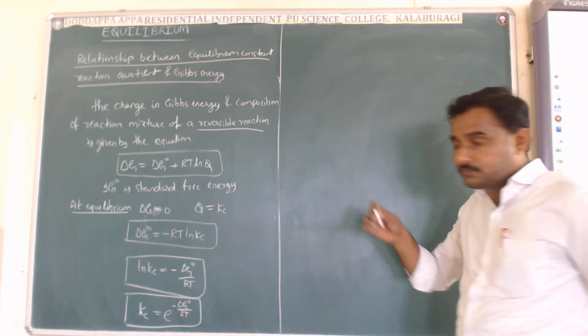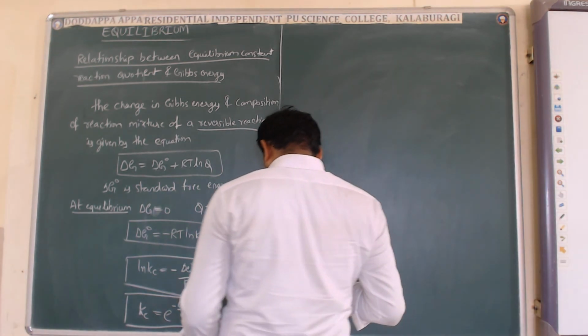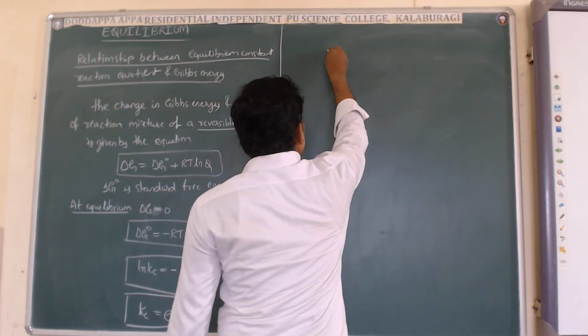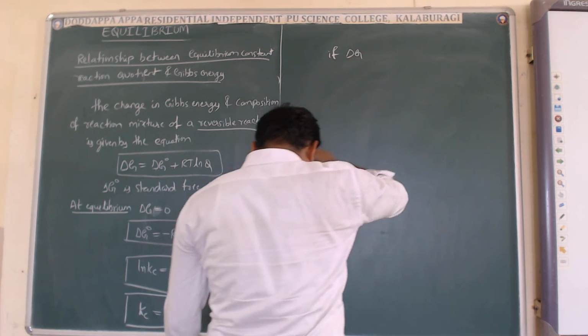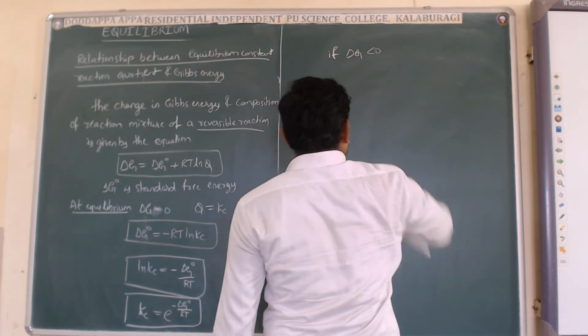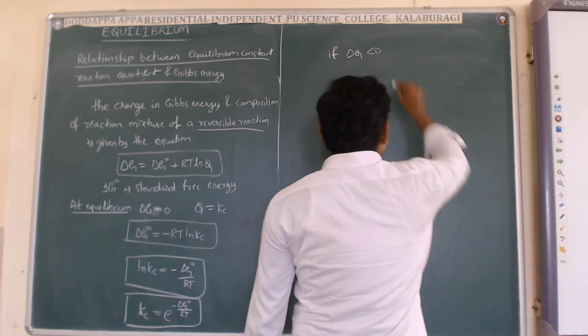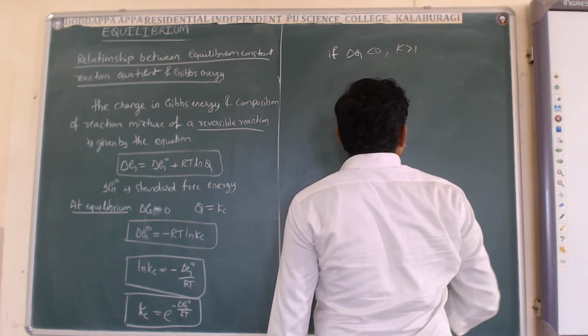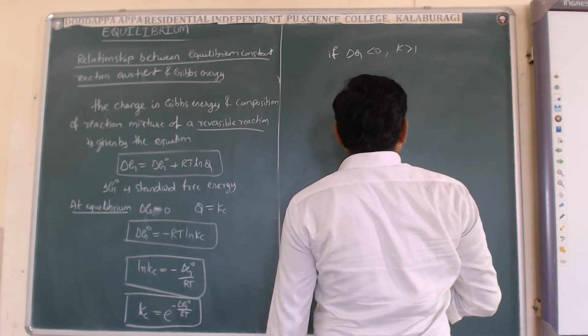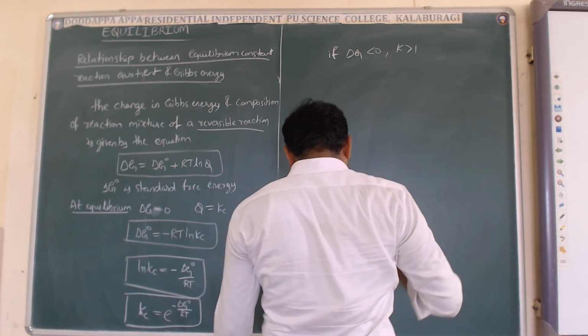Next, what is useful here? If delta G is less than 0, then K is greater than 1. If K is greater than 1, the reaction is spontaneous.